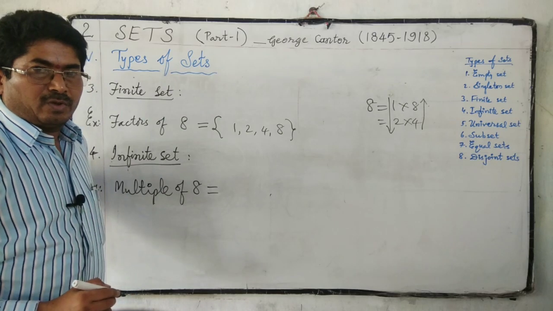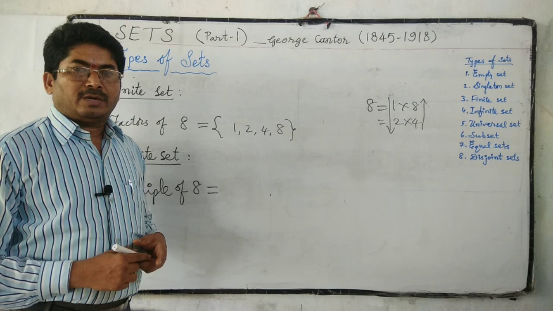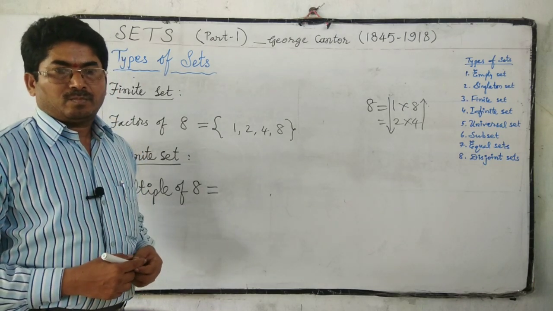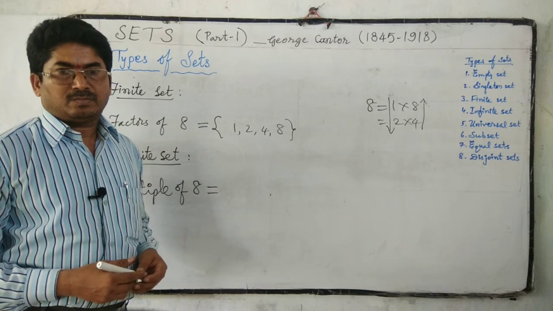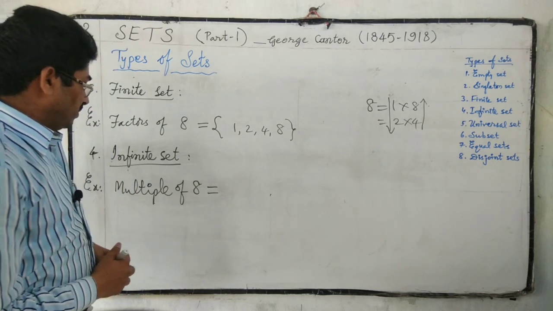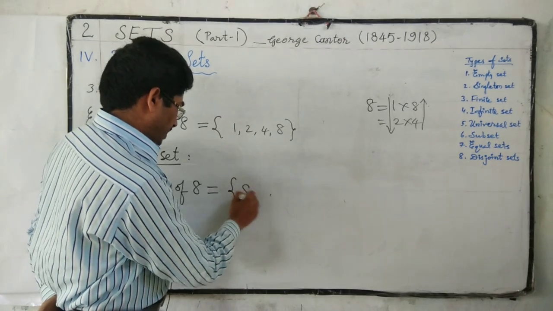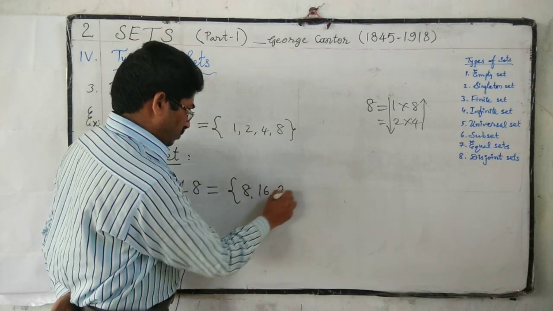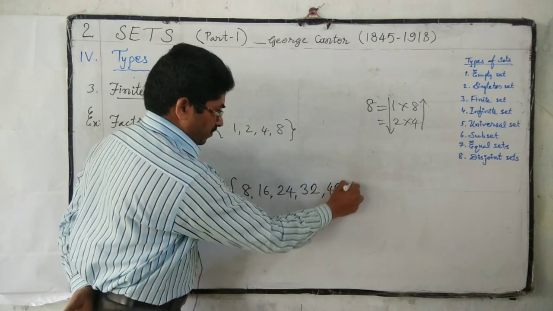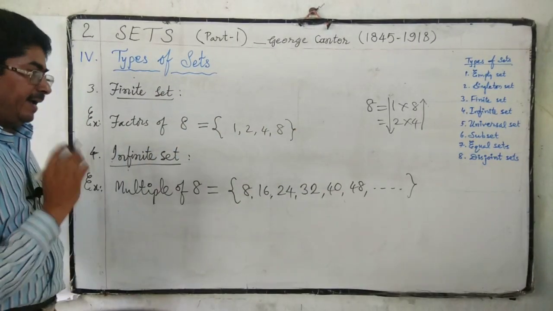What are multiples? If a number is multiplied by 1, 2, 3 and so on, then the products are called multiples of that number. Multiples are endless. We can't count. So that's why these are infinite: 8, 16, 24, 32, 40, 48 and so on.